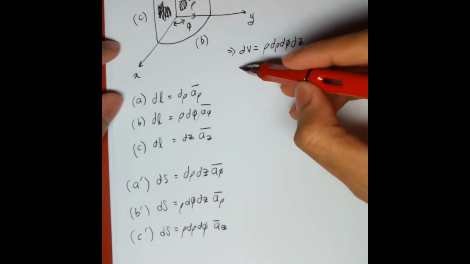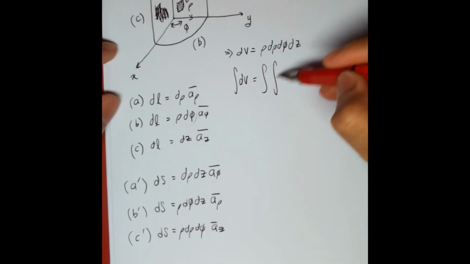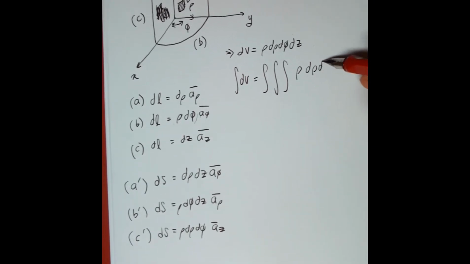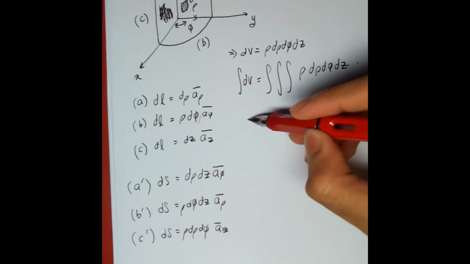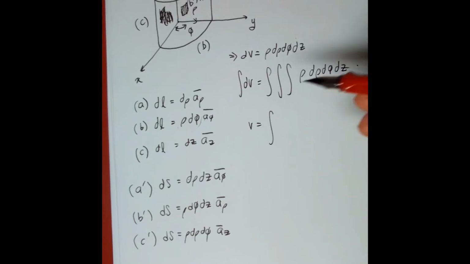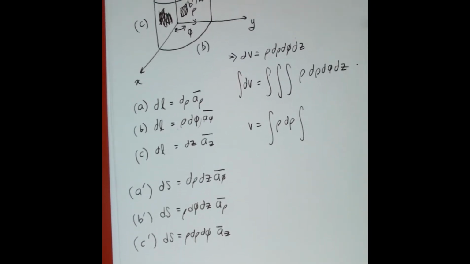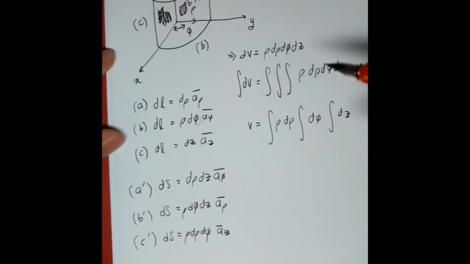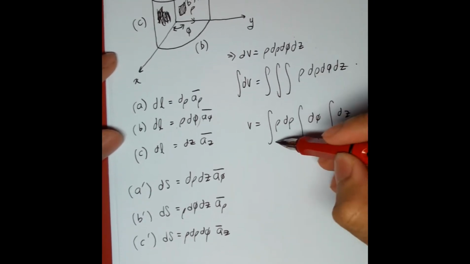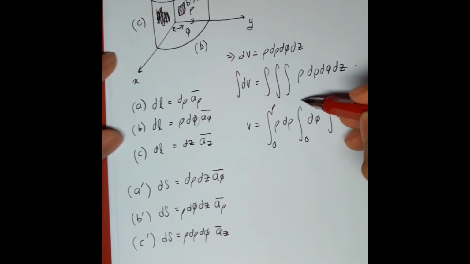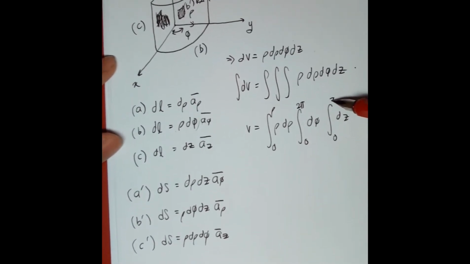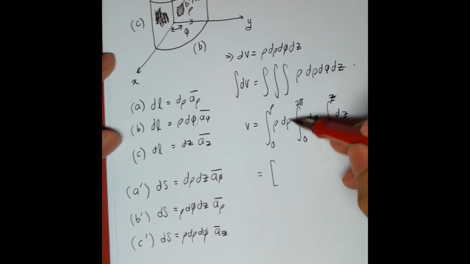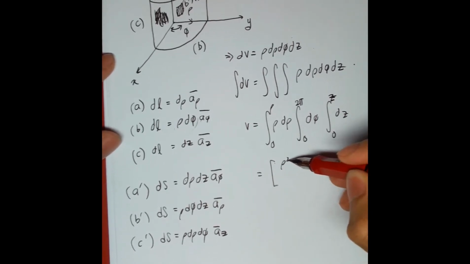So when we integrate it, we should get rho squared over 2.